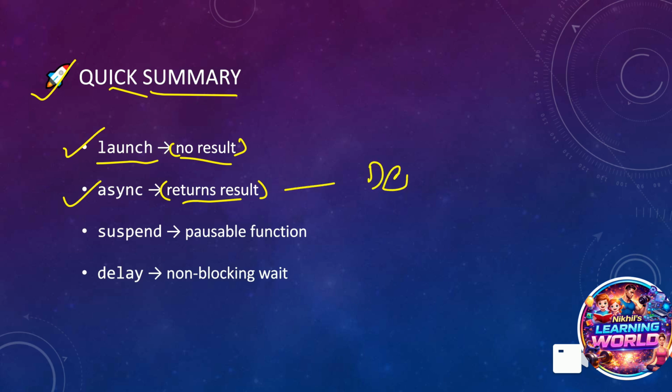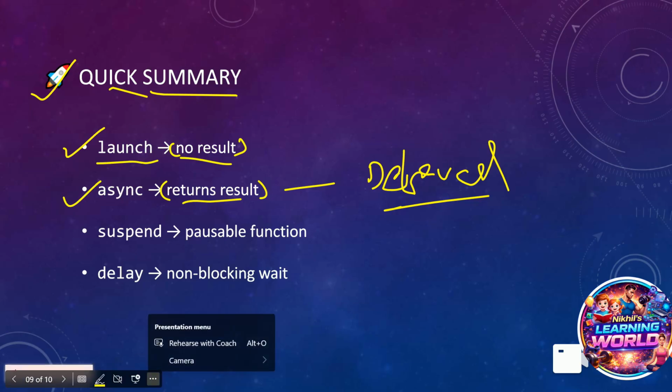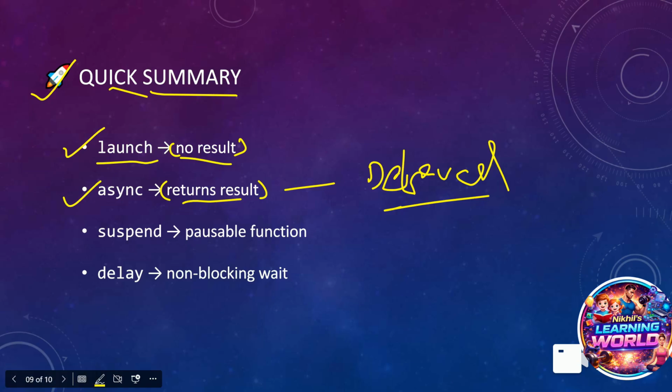So we have seen the difference between launch and async, right? Launch is like sending a message and not expecting a result or a reply, but async is like asking a question and waiting for the result, right?